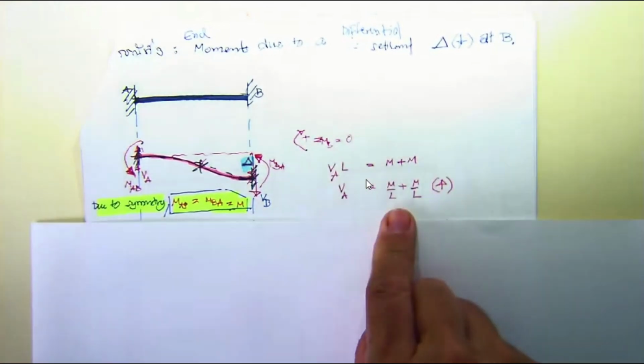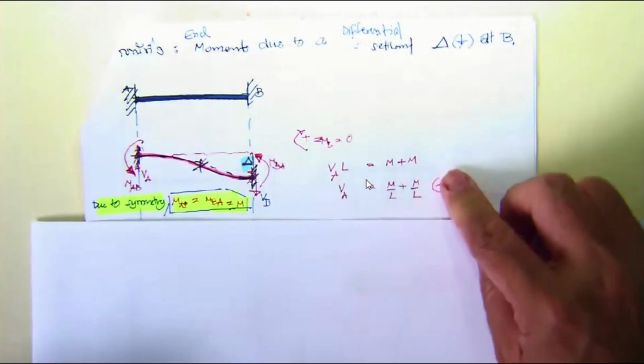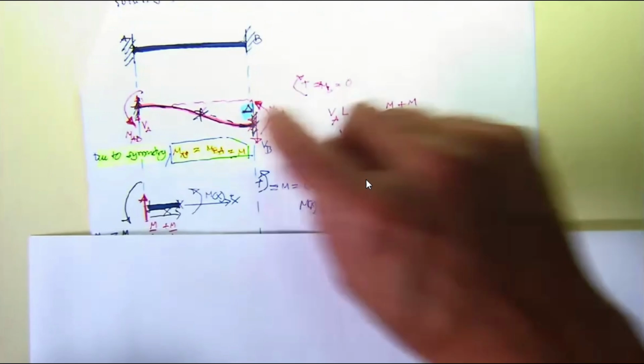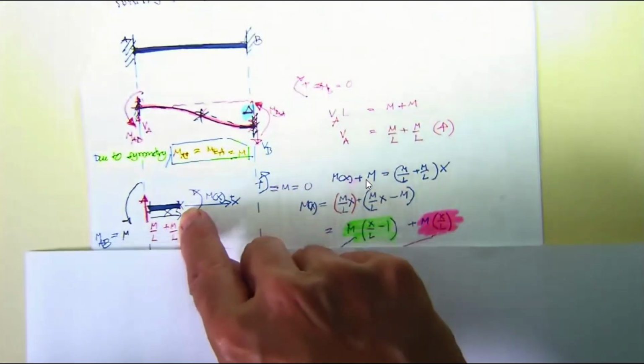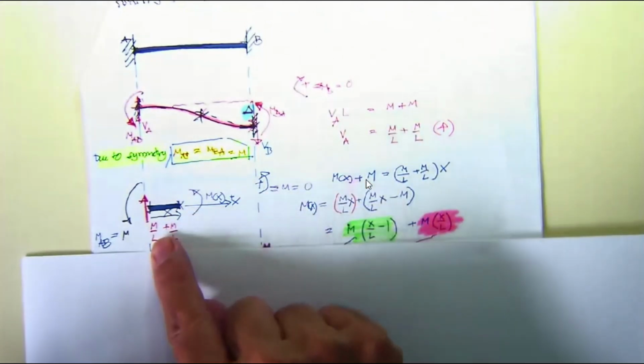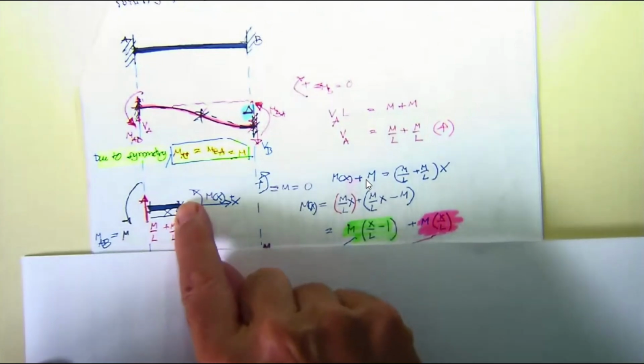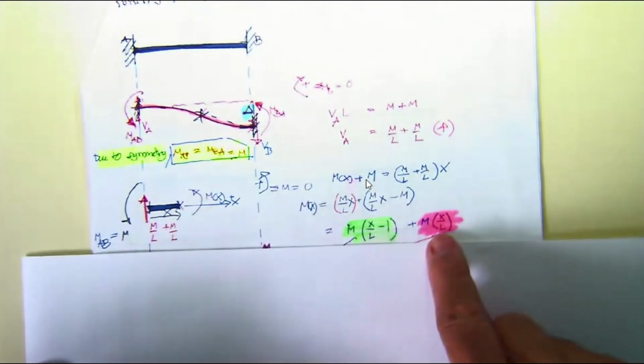So you get v sub a to be this term. Now, take the same thing, cut it at the point x, and then you have v sub a over here. You don't need to combine it. Just separate it. Then take moment over here again. You will get two terms.